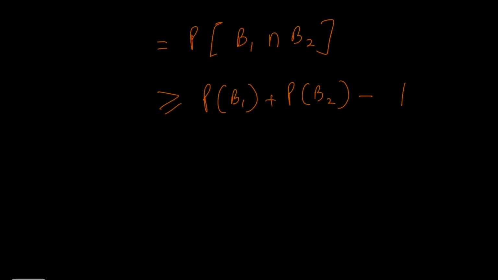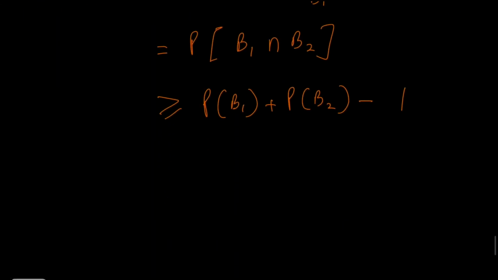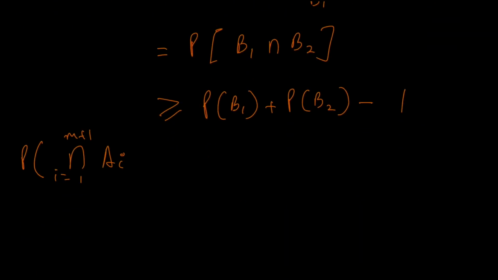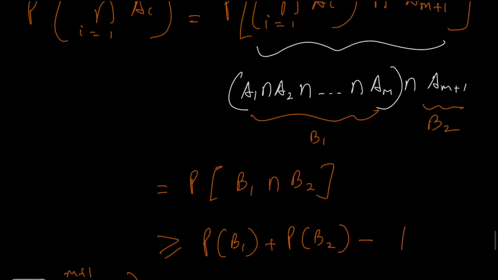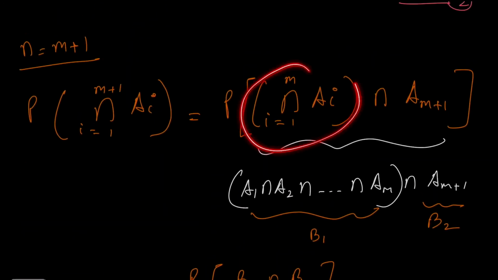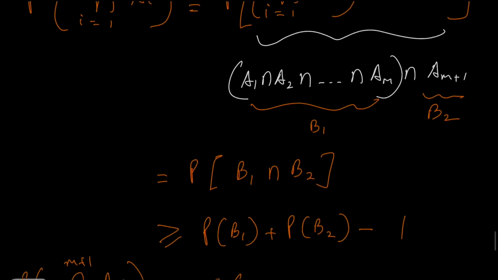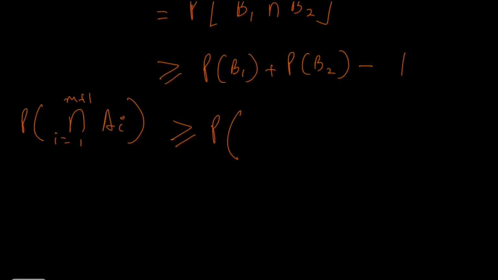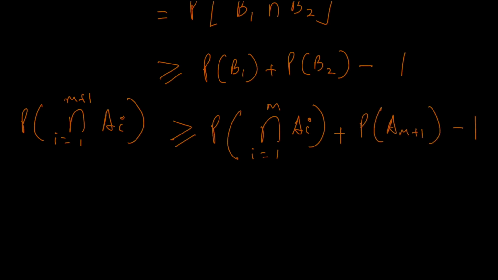Now let's break it down. So P of intersection i equal to 1 to m plus 1 of Ai is greater than or equal to, now let's break open these terms. B1 is nothing but this, and B2 is nothing but this. So B1 can be written as intersection i equal to 1 to m of Ai, plus P of Am plus 1, minus 1.